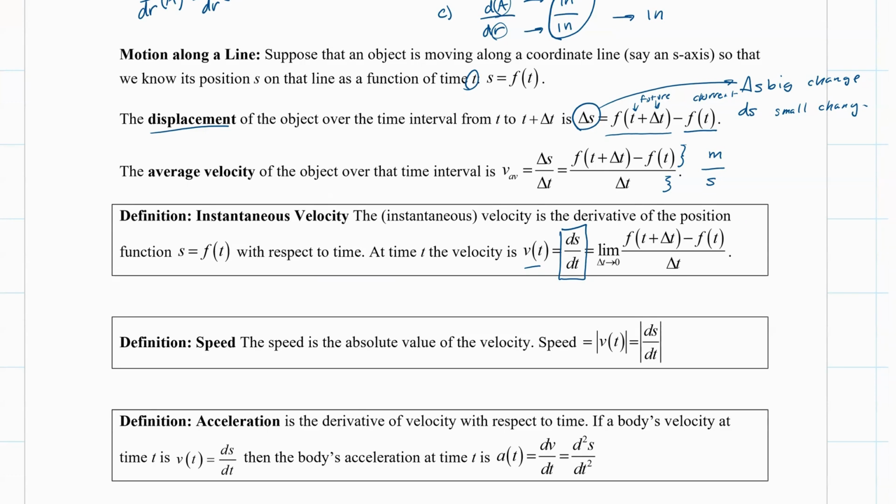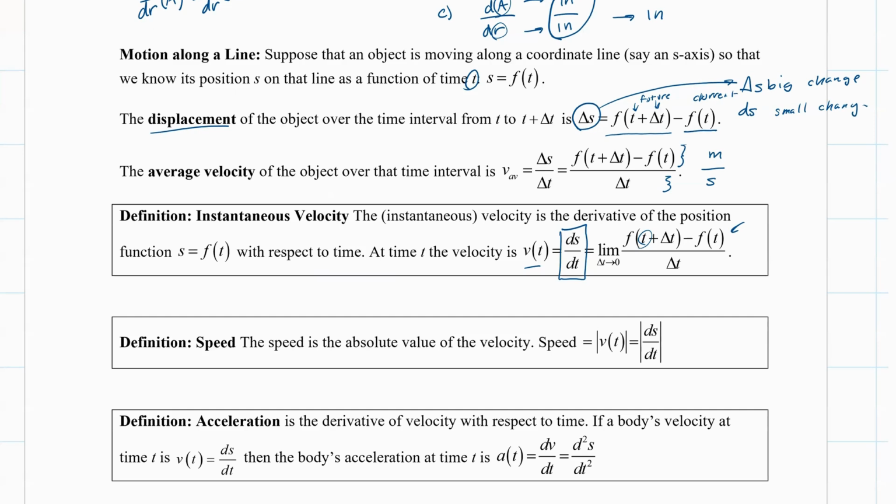You can see here a slight variation on our definition of a derivative. The only thing that's different is that we're talking about changes in time instead of h, and the function being a function of time. So instantaneous velocity is the same as the tangent line slope.